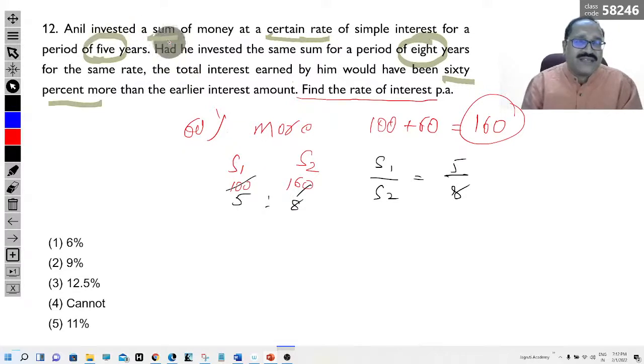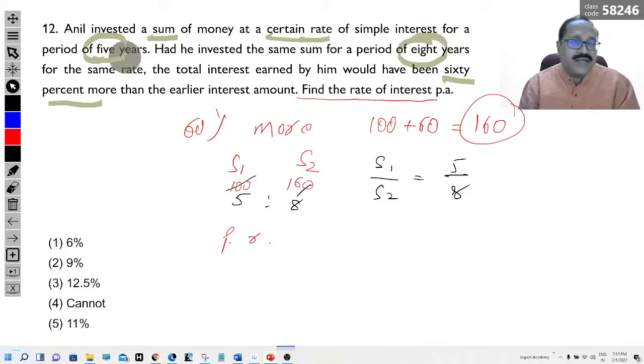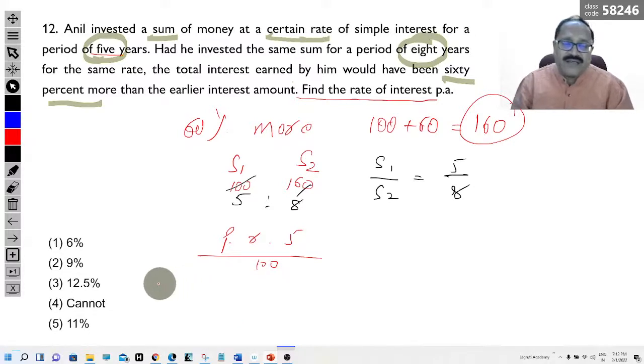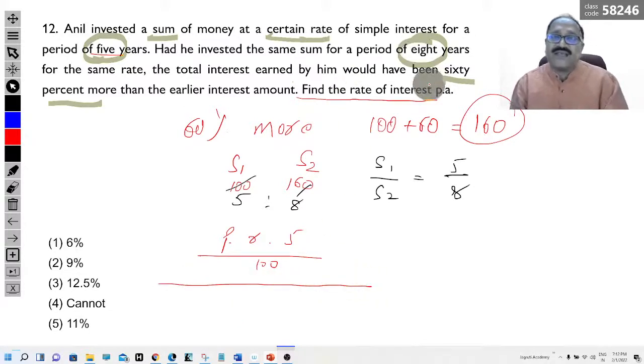Now, I'll take the sum as P and the rate of interest as R. So that is P into R into T. The time here is 5 years. So 5 by 100. This is the interest from the first part. What is the interest in the second case?